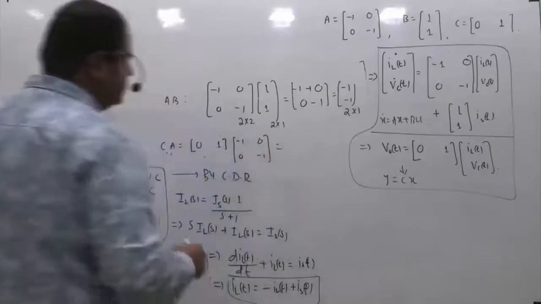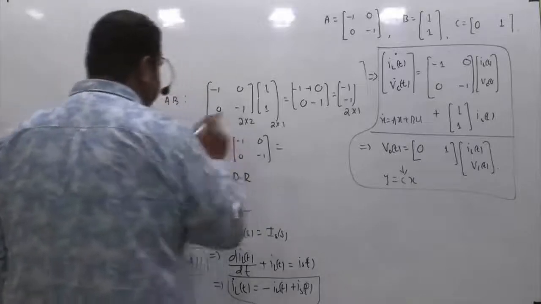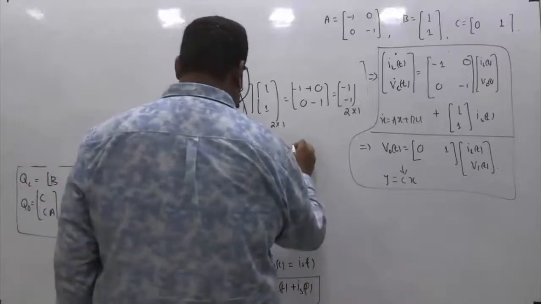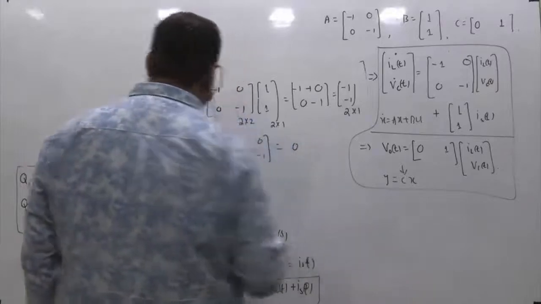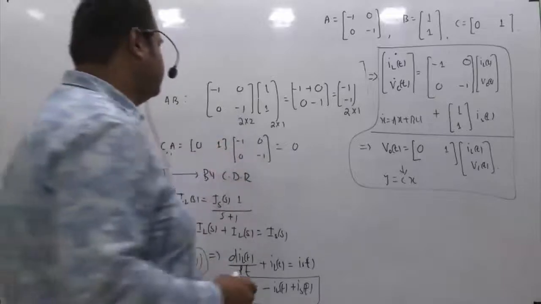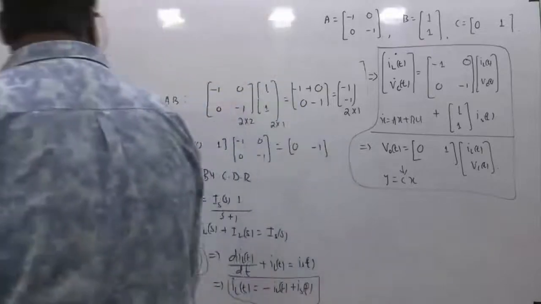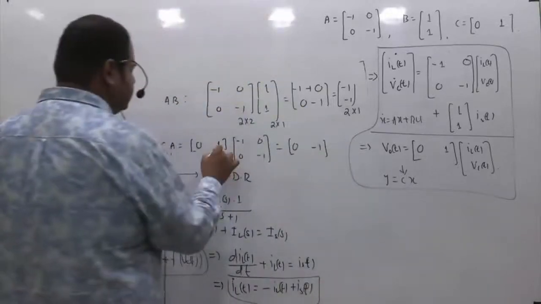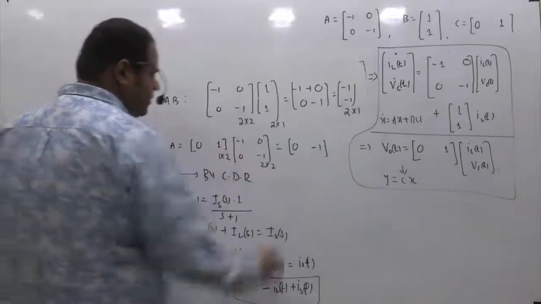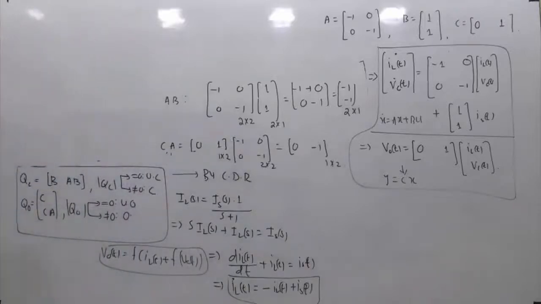If I ask you to find the product, 0 into minus 1 is 0, then 1 into 0 is also 0. Then 0 into 0 is 0, 1 into minus 1 is minus 1. So this is your CA matrix. As expected, this is 1 cross 2 times 2 cross 2, so it will be a 1 cross 2 matrix, which is happening.